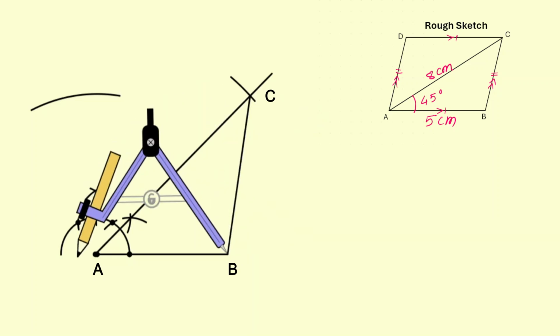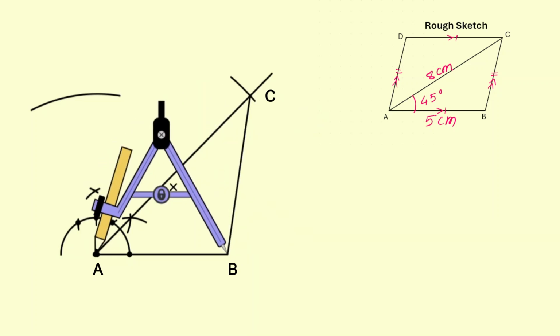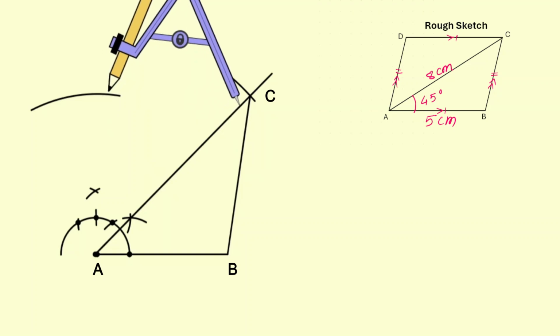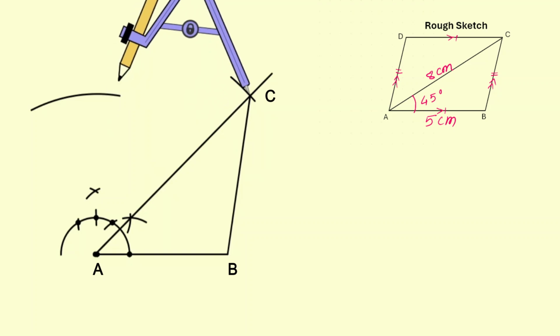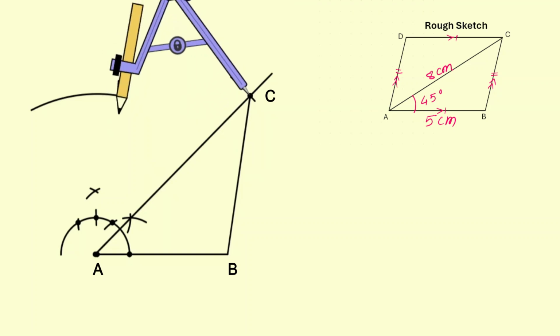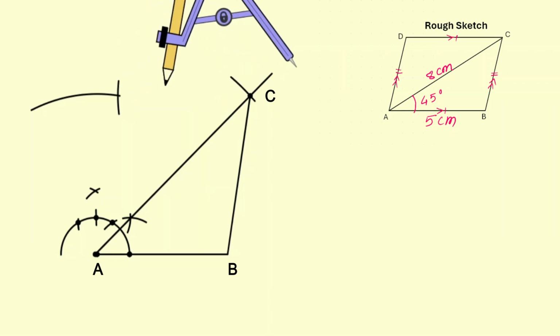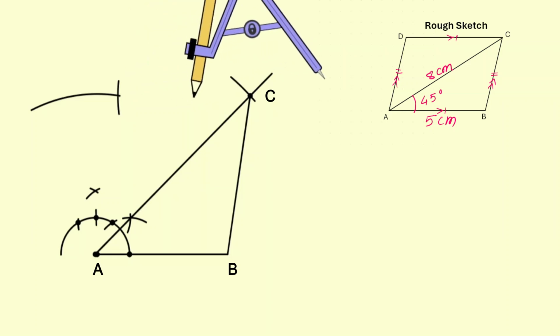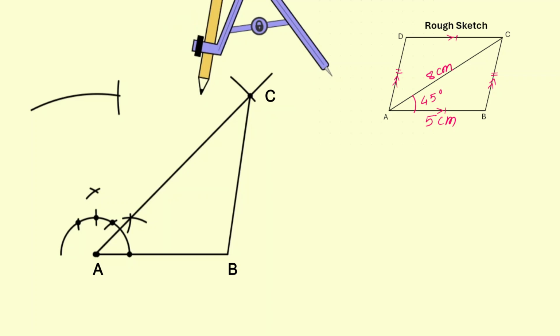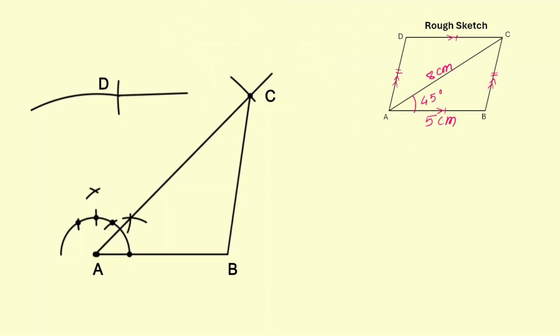So I'll make an arc radius equal to AB in my compass. Put my compass at point C and cut the arc drawn previously. See? I got point D. Let me join it now.